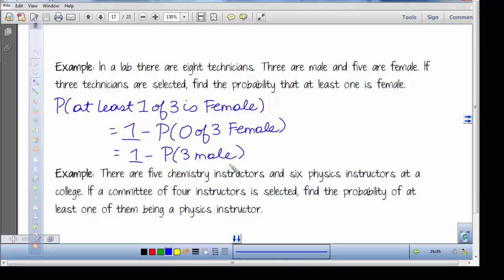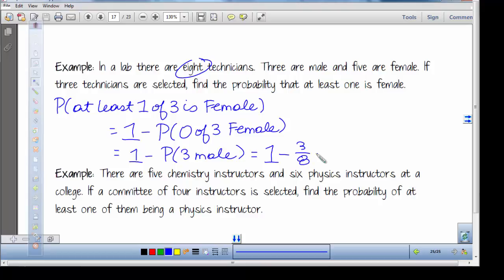Okay, in this case, though, we have a small sample size. There are only 8 technicians. So if I take one out of the pool, it changes the pool significantly. Okay, so these events would actually be dependent. So the way I'm going to calculate that is 1 minus the probability that the first is male is 3 over 8. Okay, I take him out, he's gone.